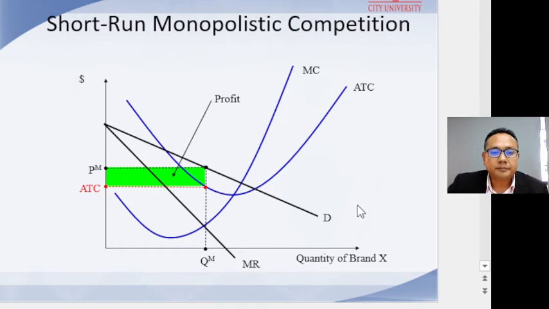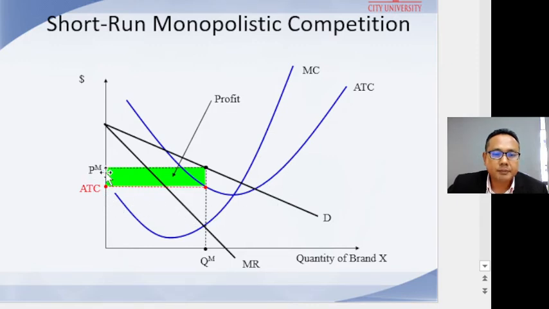It's quite similar with the perfect competitive graph previously.